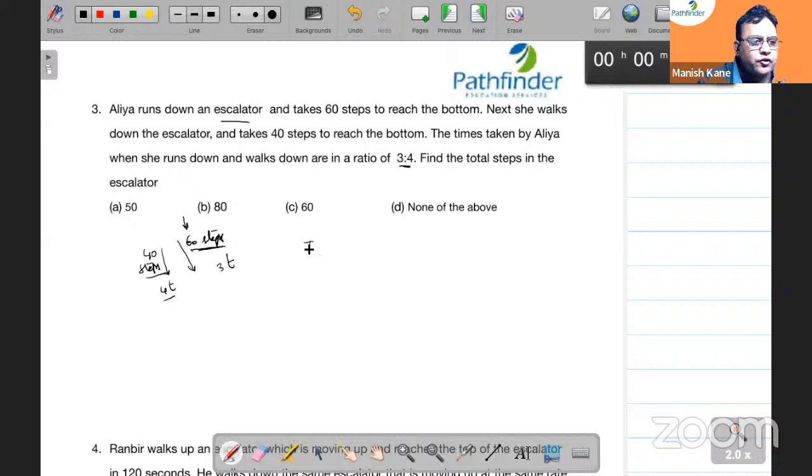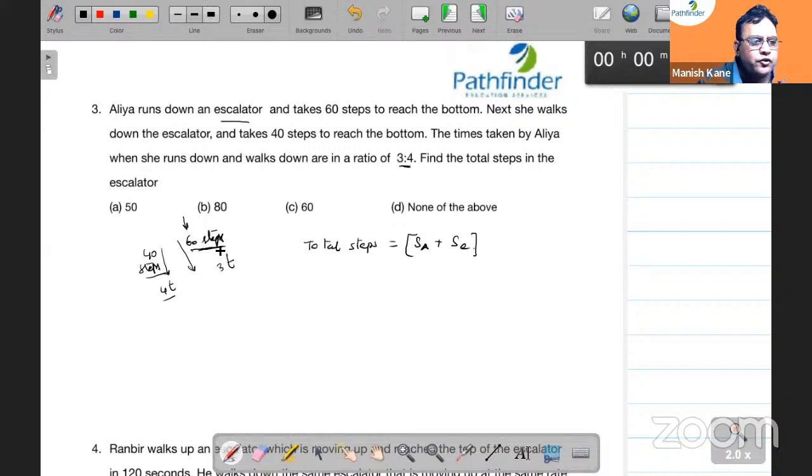Now you need to understand total steps will always be steps of Alia plus steps of the escalator. Because if they are moving in the same direction, then the steps taken by Alia and the steps taken by escalator, the sum of these must be equal to total steps. Now, the speed of escalator, let's say, is x.